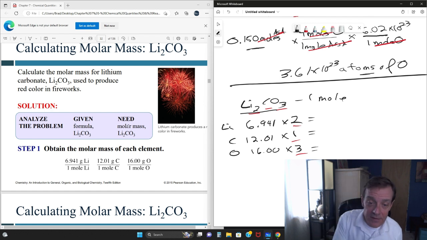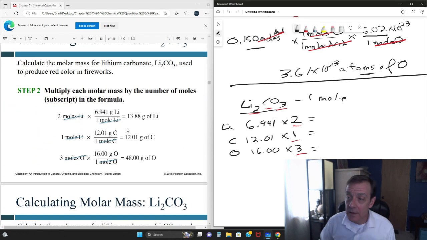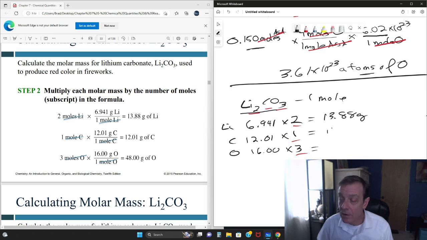Perform the math, and actually I think I'll just roll down rather than do it. So 13.88 grams of lithium, 12.01 grams of carbon, and 48 grams of oxygen.